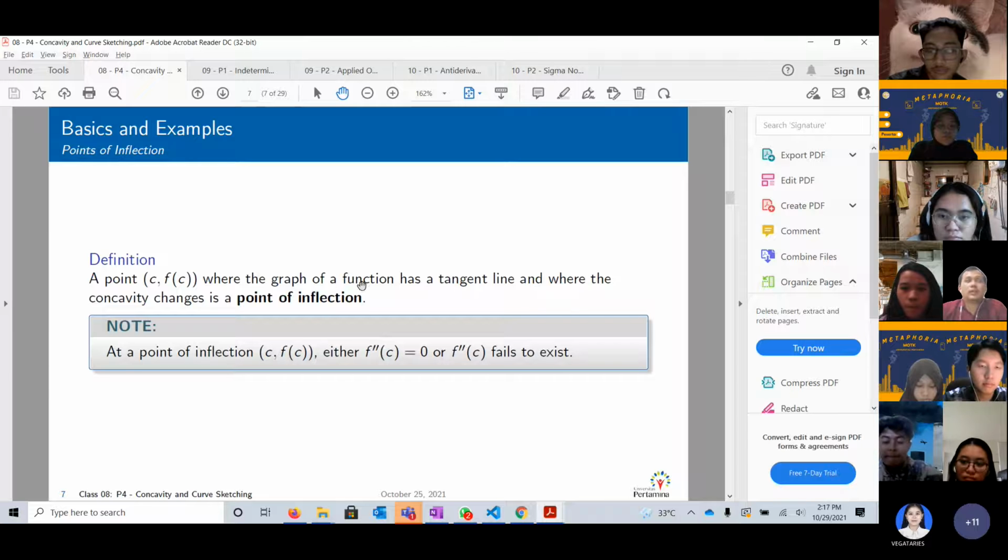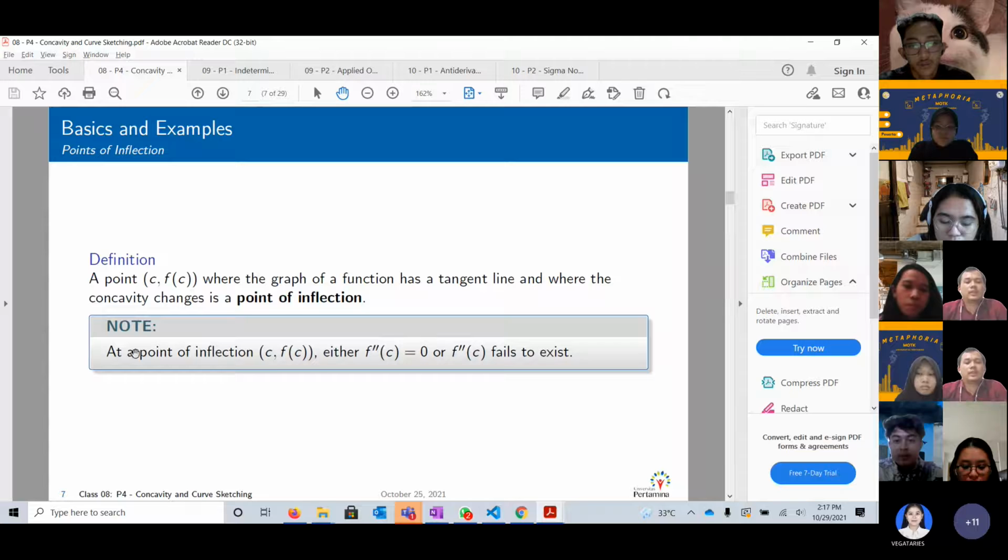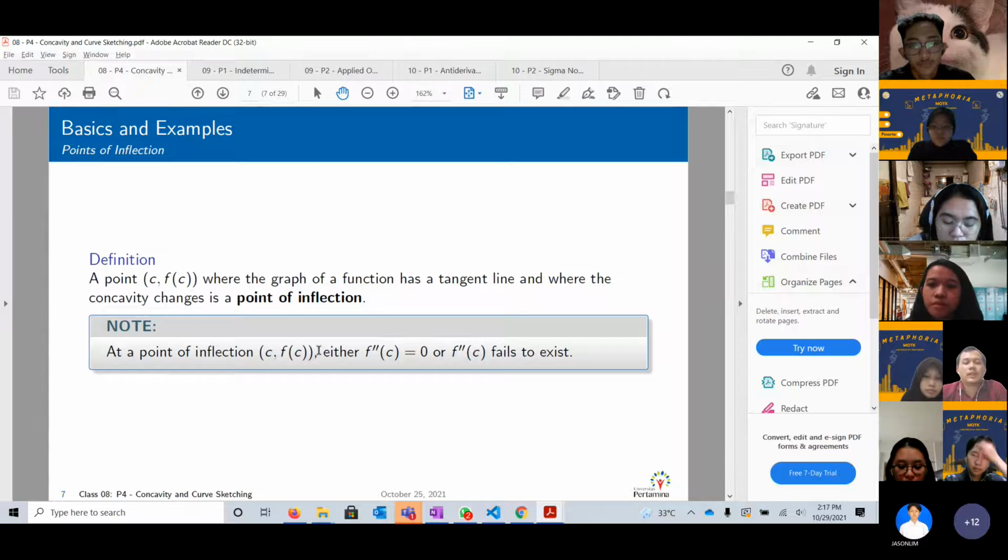Point of inflection itu adalah titik balik, titik perubahan kecekungan pada dasarnya. So there is a note here: at the point of inflection, either the second derivative is 0 or the second derivative fails to exist.